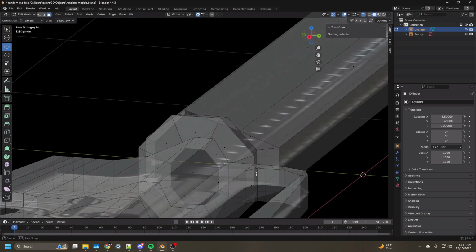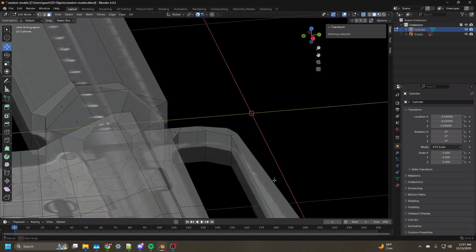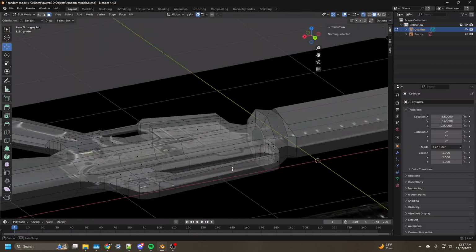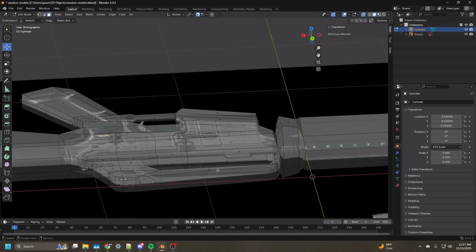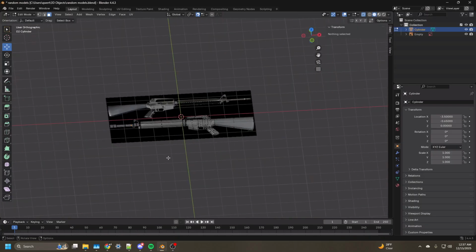No, the handguards themselves are fine. They're done correctly. Okay.